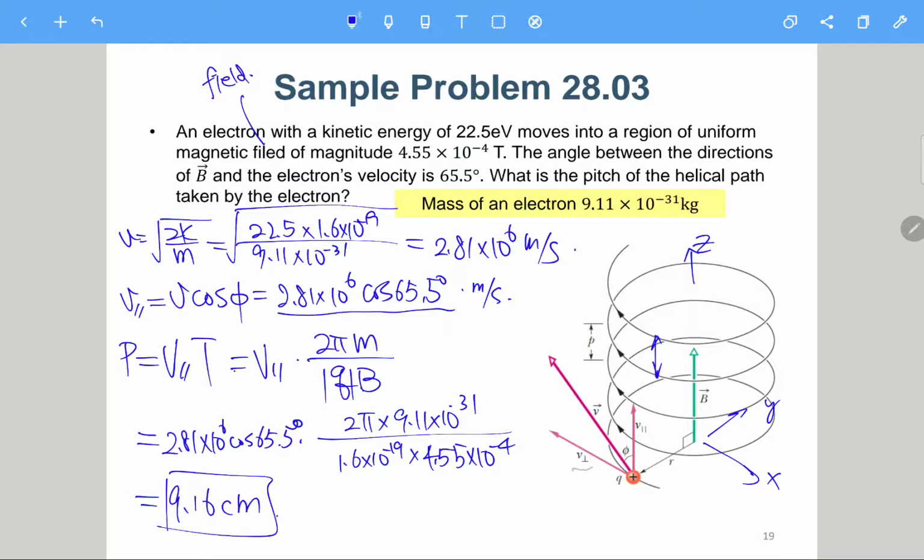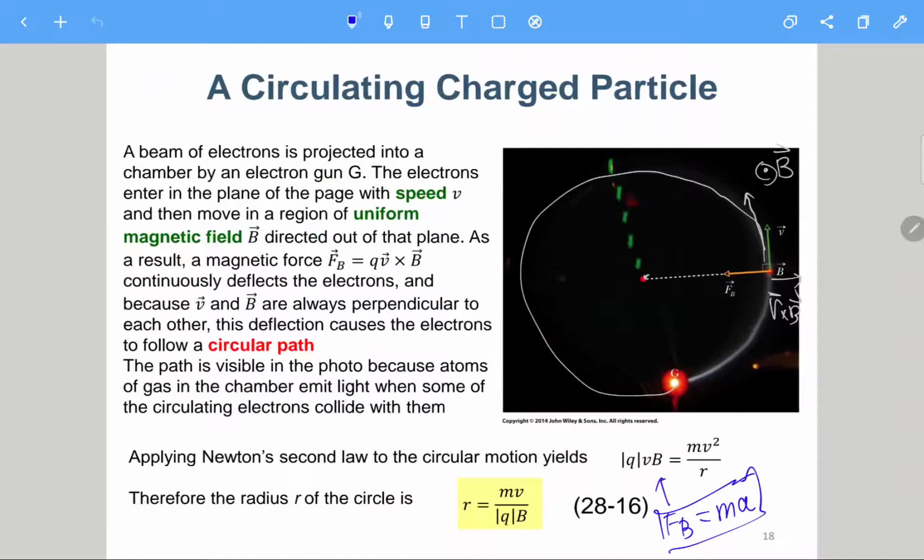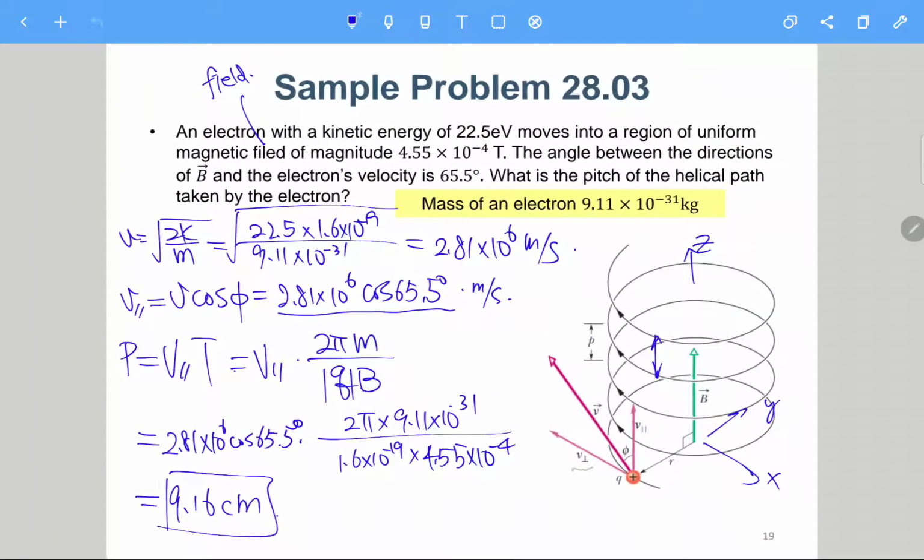Of course, you can also determine the radius using this equation, R equals mV over QB.